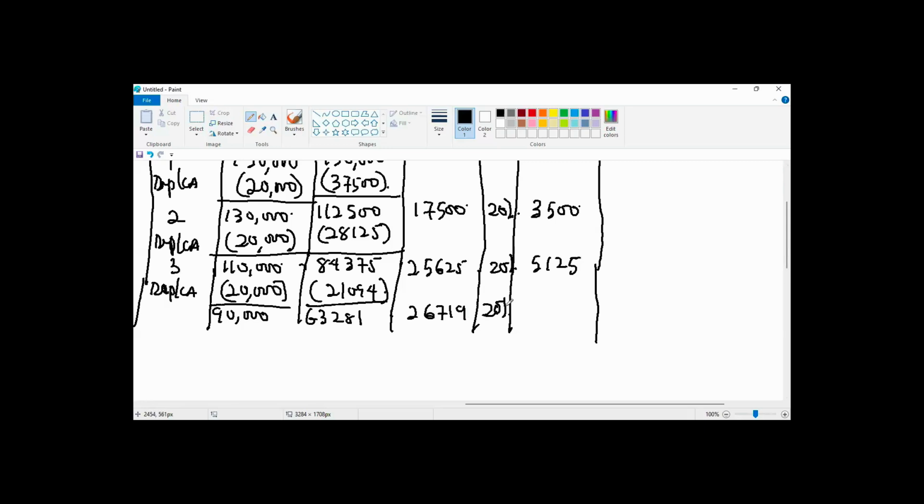Is it also a liability because the carrying amount is greater than the tax base? 5,344. That is the end.